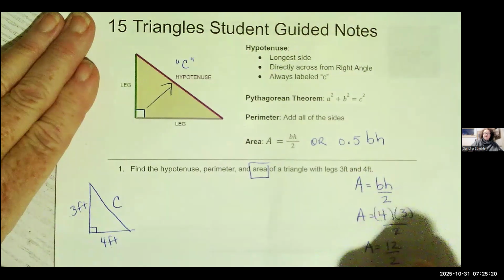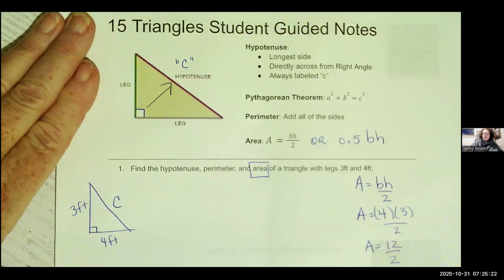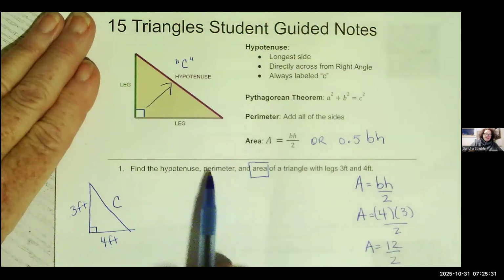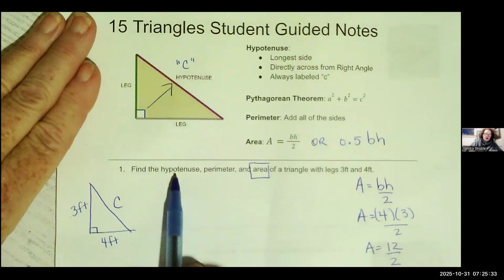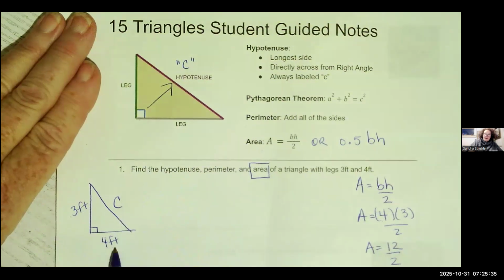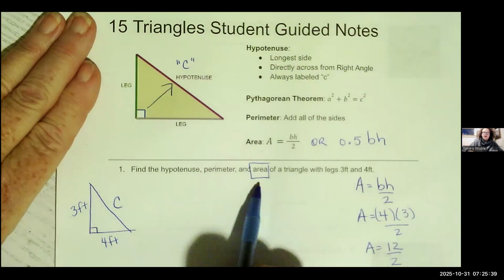Now, we've just come off of doing a big unit portion. You have to answer with the correct units. Perimeter and hypotenuse will have the same unit as all of the legs. Area is always measured in squares, and this is something you should carry through to your next class as well. Area is always measured in squares.